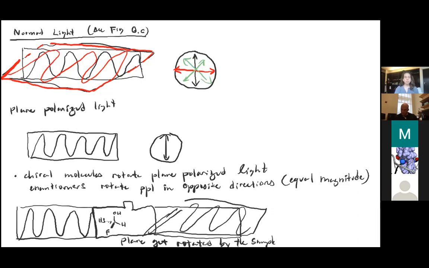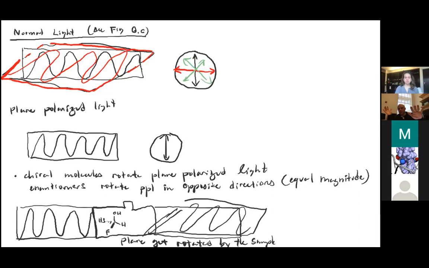Yeah, if you put a racemic mixture in the quote unquote cuvette part, would no rotation occur? Exactly. I'll come to that in a few minutes, but the answer is exactly. So if you have a racemic mixture, a 1-to-1 mixture of enantiomers, 50.0% to 50.0%, you can imagine that one of those enantiomers is going to push the light in one direction.